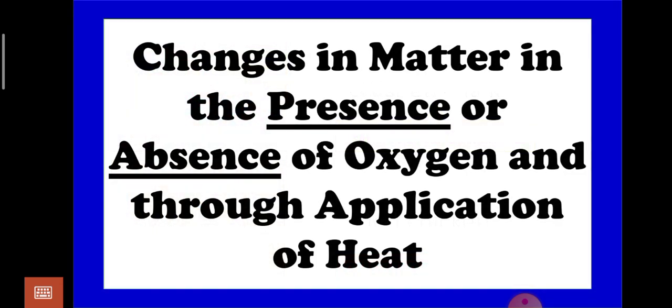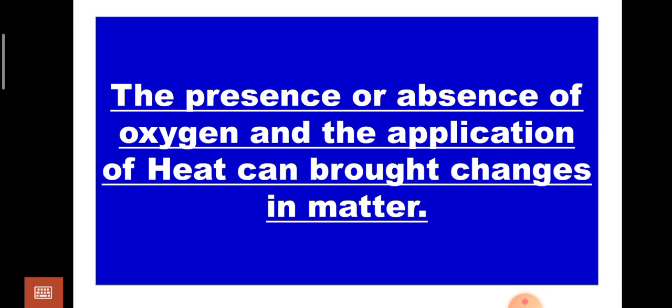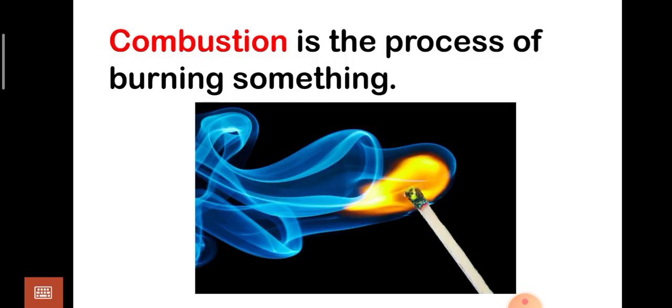Changes in matter in the presence or absence of oxygen and through application of heat. The presence or absence of oxygen and the application of heat can bring changes in matter. So, among the effects are combustion. When we say combustion, it is the process of burning something.